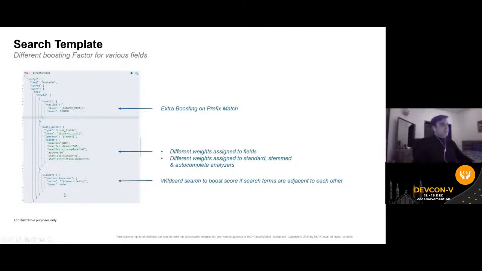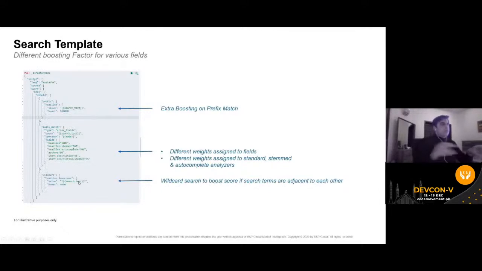And likewise, here you see the wildcard search, where whatever you are typing, if that text exists exactly adjacent to each other. For example, you are typing good morning and good morning exists right next to each other in the headline, then we want to give that document an extra boost of 5,000 scores. So basically that is what is happening here.